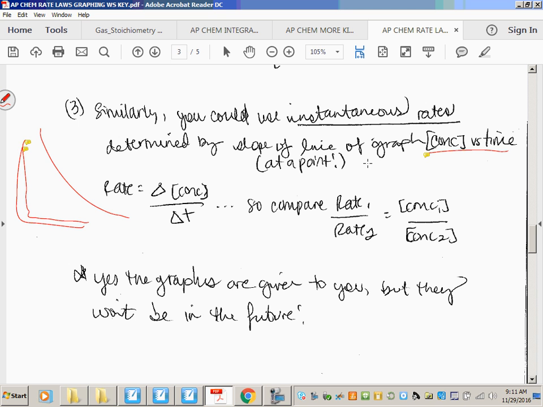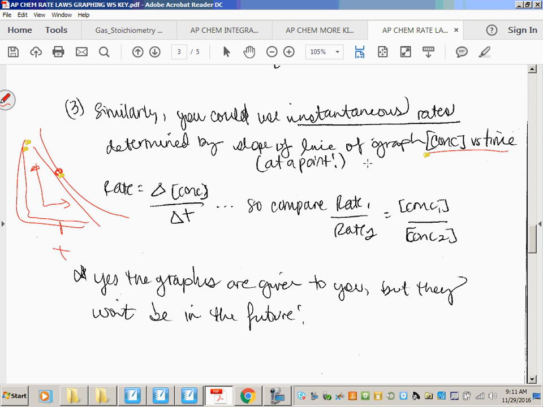It's likely going to be exponential decay, because as the reactant concentration declines, the rate takes a longer time, so that's why it has that slope to it, that little decline. When you take your instantaneous point at that particular time, you take your tangent there, you do your rise over run, you have a slope, that slope is your rate.